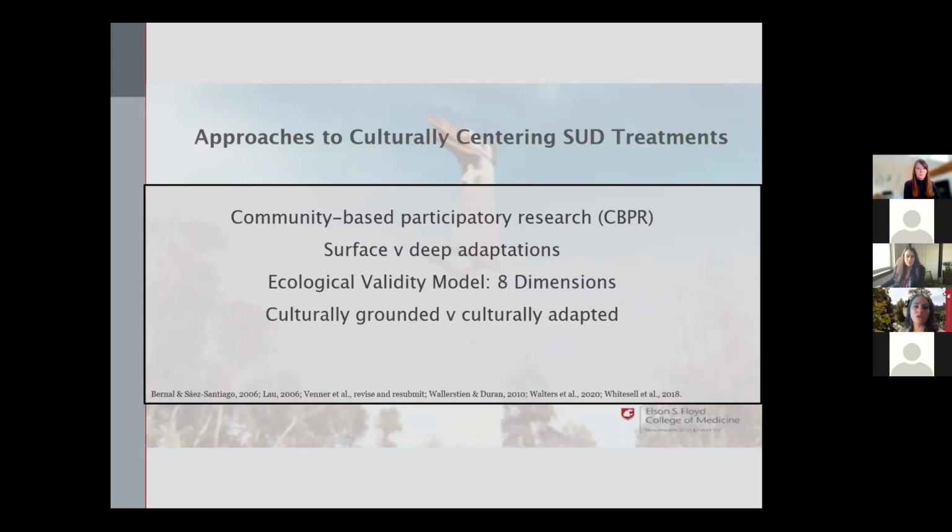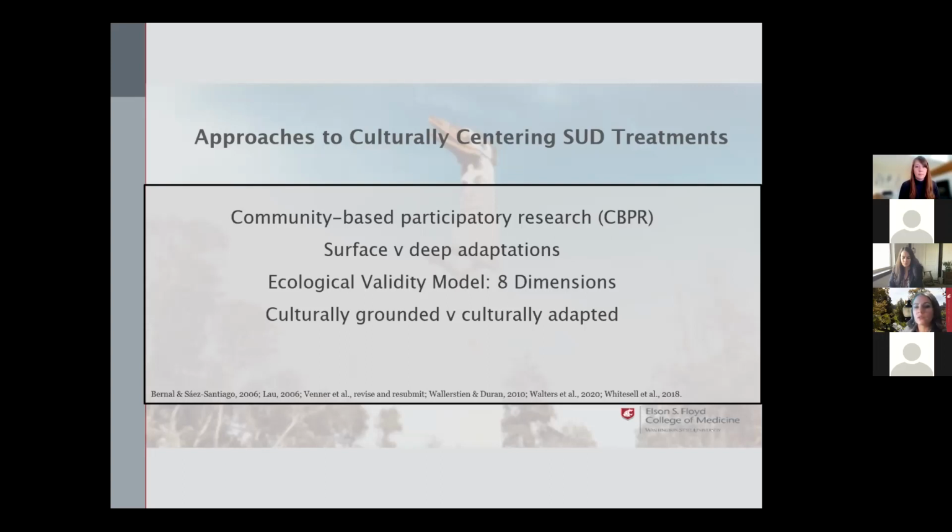So another approach that we've considered and included in some of our work relates to surface versus deep adaptations. So Dr. Lau discusses how cultural adaptations are more towards wanting to address specific risk or protective factors. So that's something that you would then maybe do a surface or a deep adaptation.